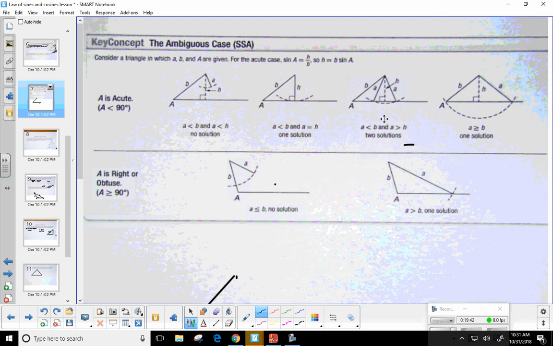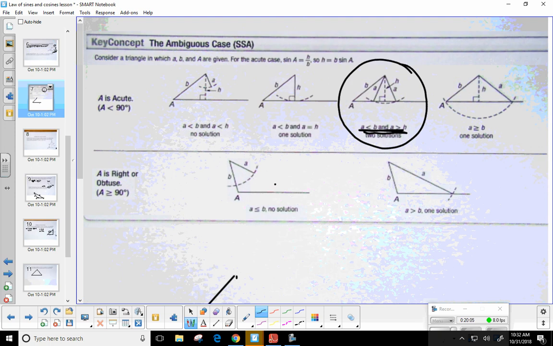We said that A was greater than the height, but A was less than C. Now, again, our table says B, but don't let the fact that they changed the letter worry you. So what's going on here? This scenario has exactly what fits my values. So I know there are two different triangles here.